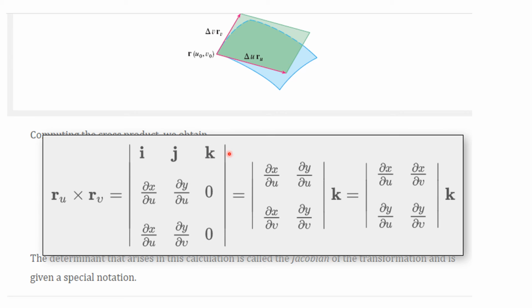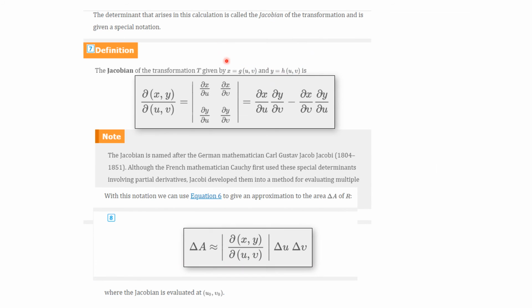So if we were to expand this along the K, we would get this. This is the 2 by 2 determinant. And so we have this equality right here, where this is a 2 by 2 determinant. So when I take the magnitude, realize the magnitude of K is, the magnitude of this is going to be the absolute value of this determinant.